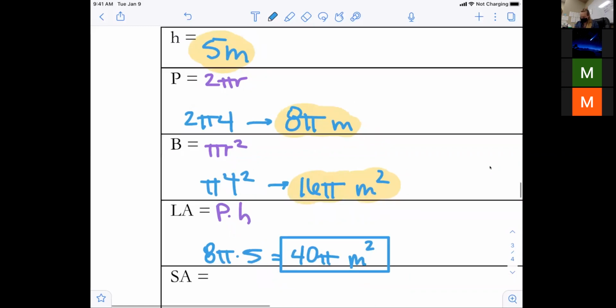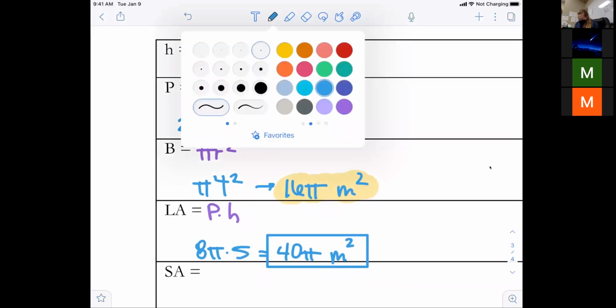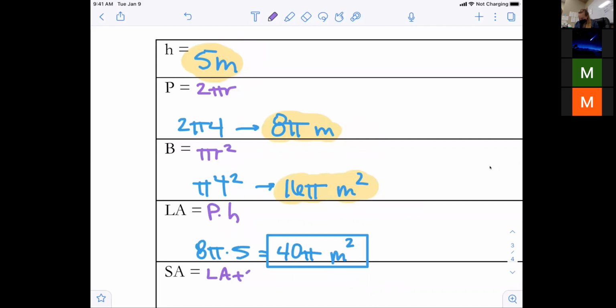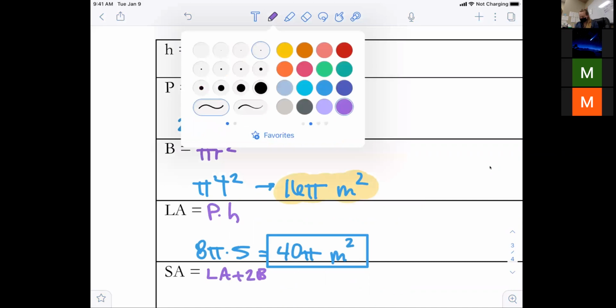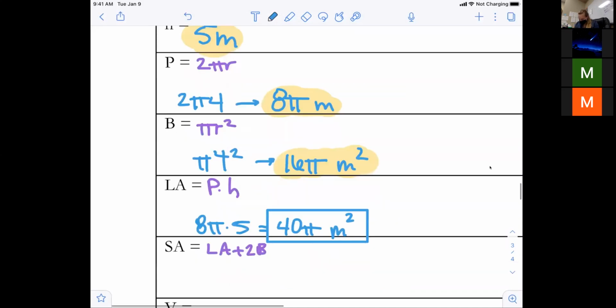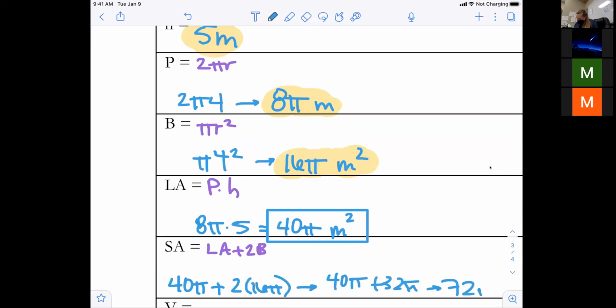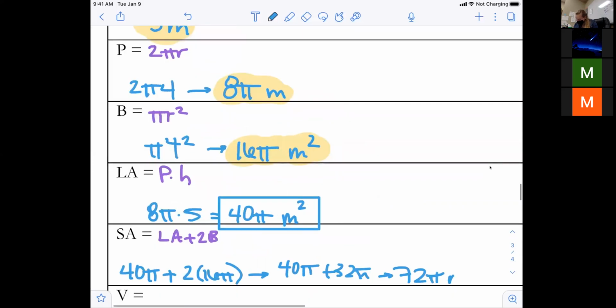SA is LA plus 2B. It's actually kind of fun on cylinders because I can combine SA to just be one term. It's not going to be two separate terms. I'm going to be able to combine it all the way down. So LA was just 40 pi, and then 2 times big B, which is 16 pi. 2 times 16 is 32. And then 40 plus 32 is 72 pi meters squared.